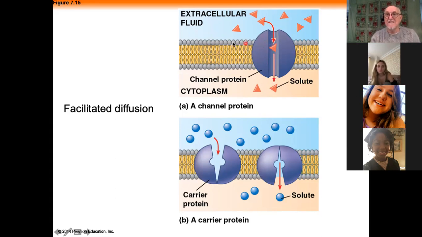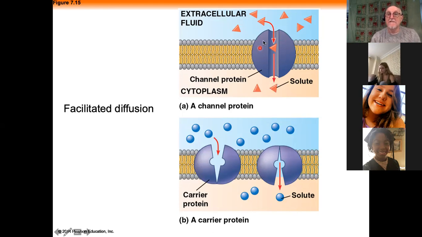And the first set of proteins are those that allow for diffusive processes to take place. So diffusion down a concentration gradient, from high concentration of solutes to low concentration. And this is referred to as facilitated diffusion. Diffusion on its own would just be stuff going across the membrane. Facilitated diffusion is because there is a protein that allows it to take place.